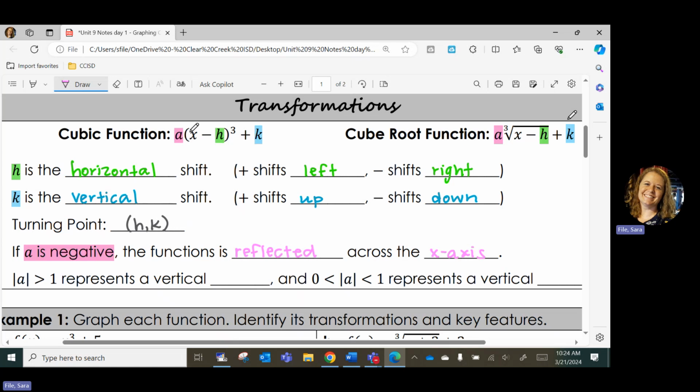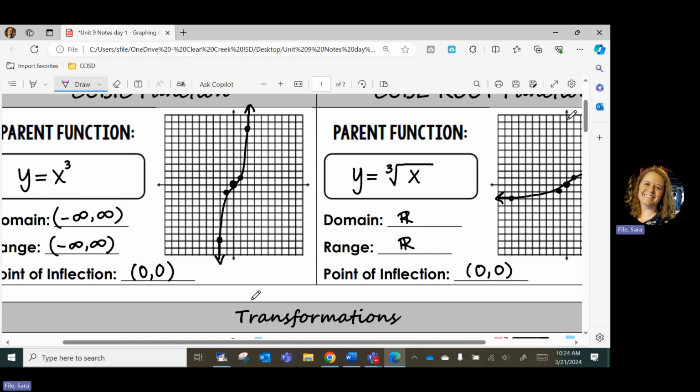And normally a negative a reflects over the x-axis and a negative b reflects over the y-axis. But cube and cube root are actually special functions because if you reflect this over the x or the y, they look exactly the same as each other. So it doesn't matter if the reflection is over the x or over the y for these two particular functions.